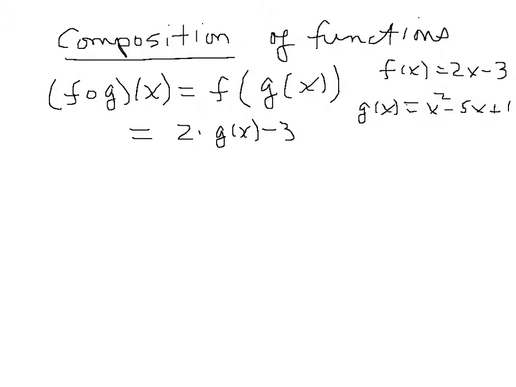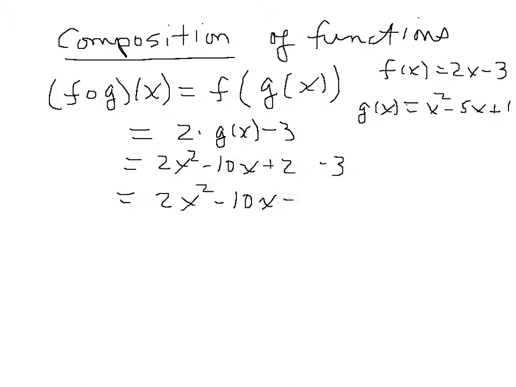So this, when you multiply by 2, you're going to get 2x squared minus 10x plus 2, and then you have the minus 3. And so f of g of x comes out to be 2x squared minus 10x minus 1.